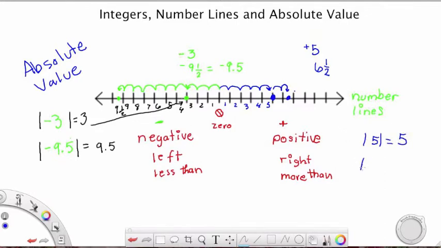And if we want to know what the absolute value of 6.5 is, and we can even put a fraction in here, it doesn't matter, we don't even need to count it out, but we will. 1, 2, 3, 4, 5, 6, 6.5. It's not quite 7. It's 6.5. The value for an absolute number is always going to be positive because we're just counting the number of units that a specific point, or number, or integer is, from 0.